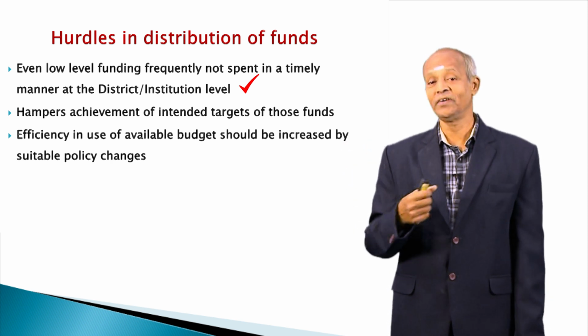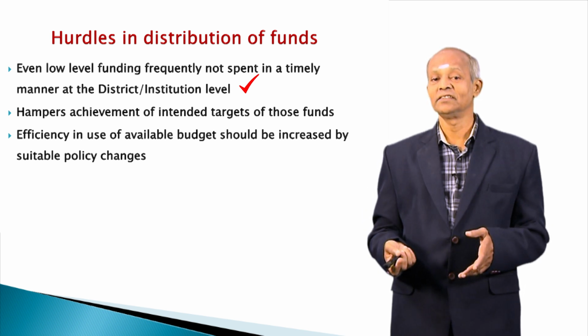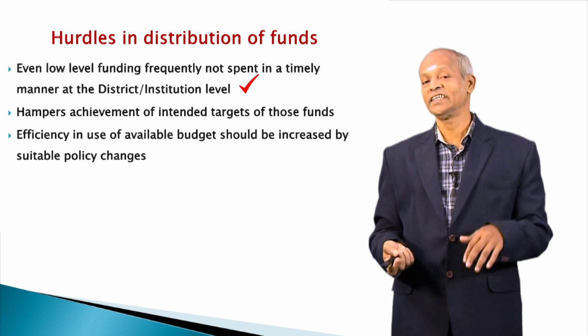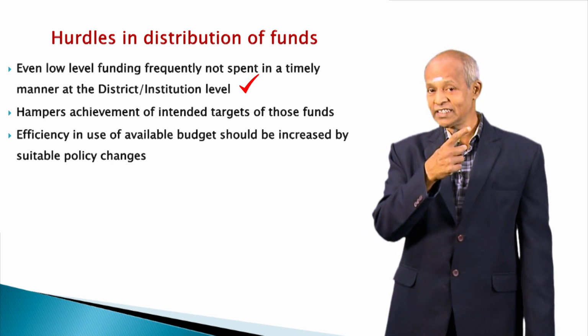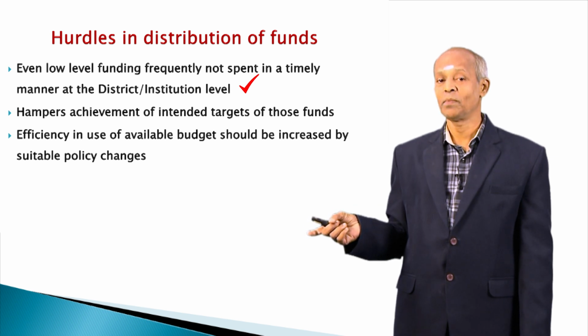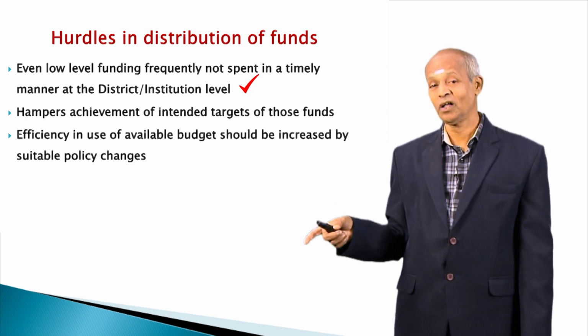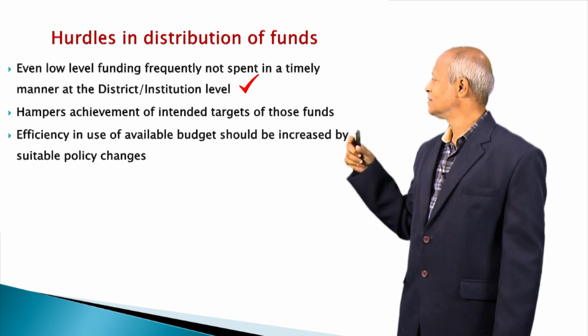That means time is very important. In this year I may need some finance, if it comes in the next year, that may not be useful. So, in a timely manner it is not reaching the beneficiary. Who is the beneficiary? The school or the block. That is hurdle number 1.